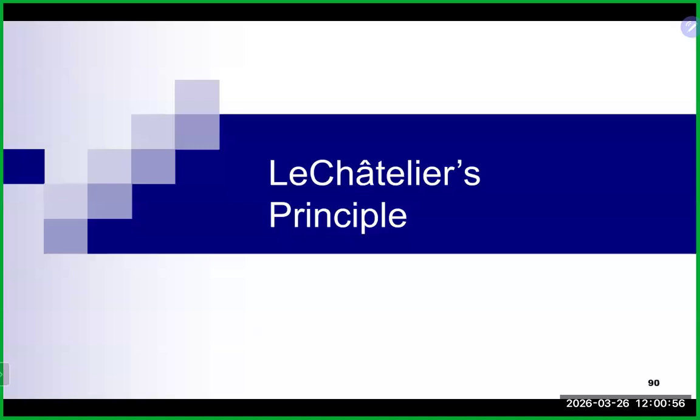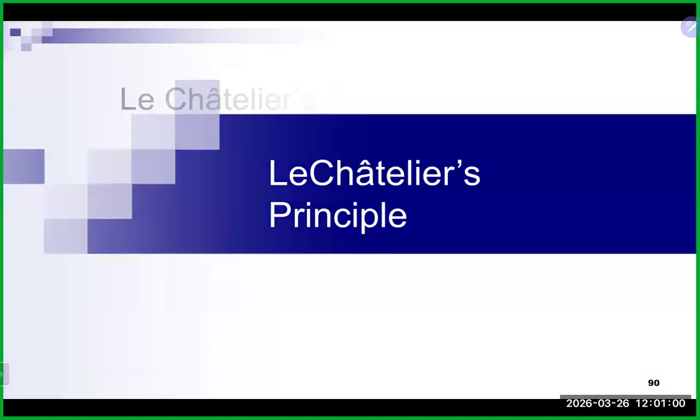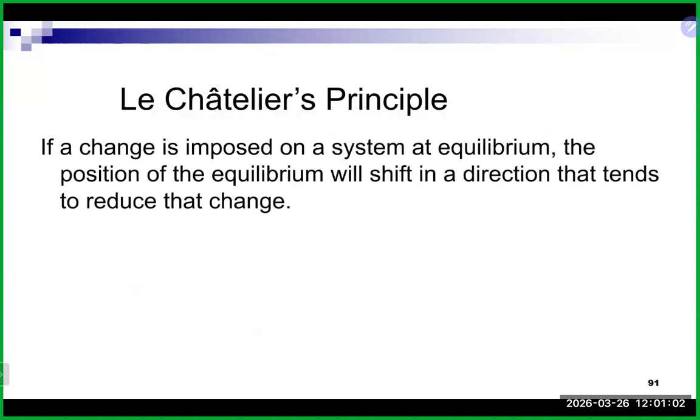Final thing we're going to talk about in this chapter is Le Chatelier's principle. It's the idea that you have a system that is essentially at equilibrium, and then you do something to it to frankly screw it up, and you add what they call a stress to the system.